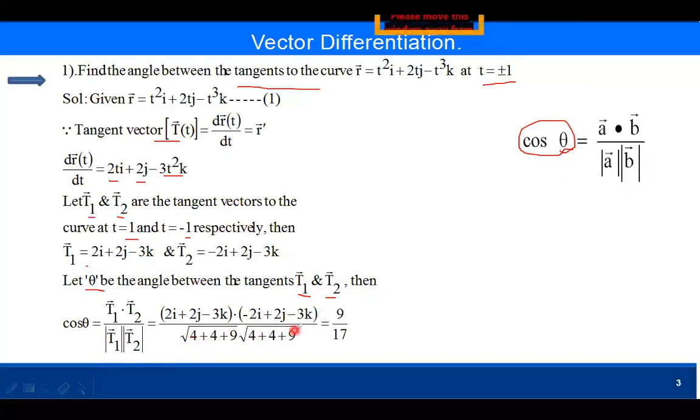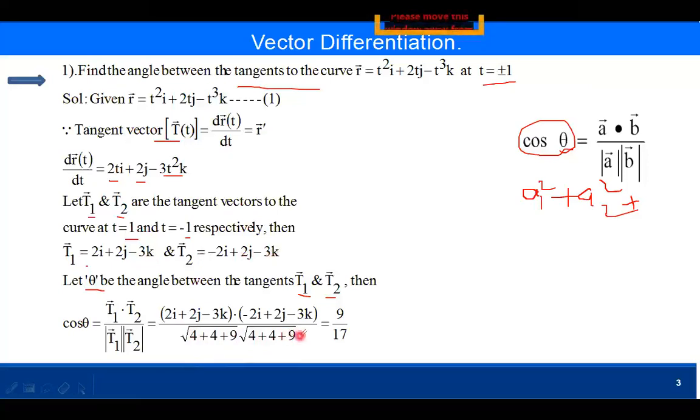How do we calculate this? Generally if a bar is any vector, the magnitude of a bar is root of a1 square plus a2 square plus a3 square. Therefore magnitude of t1 is root of 2 square, 4, plus 2 square, 4, plus minus 3 whole square, that is 9. Similarly, magnitude of t2 bar is minus 2 whole square, that is 4, plus 2 square is 4, plus minus 3 whole square, that is 9.